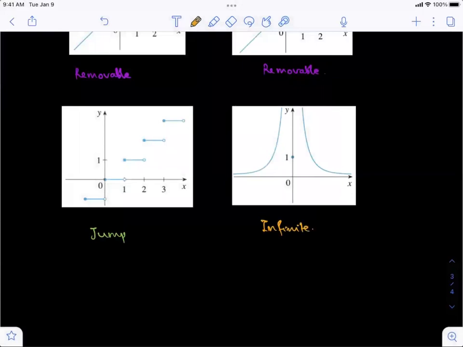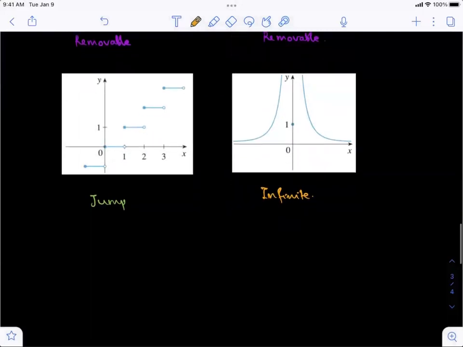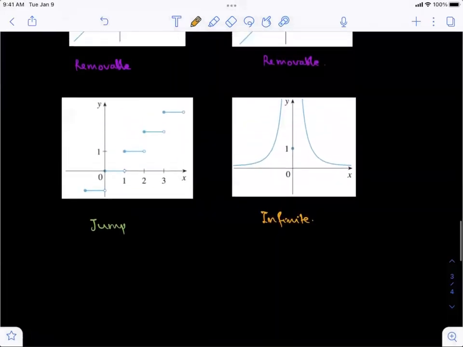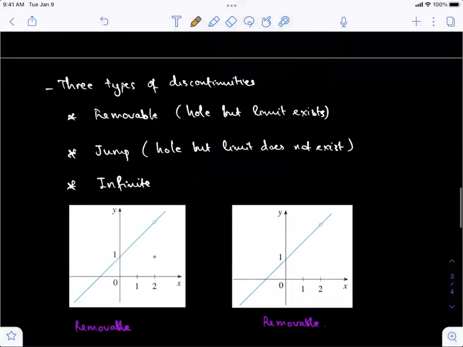So we start with continuous functions and we move on to limit at infinity. Let me quickly point out that when you classify a discontinuity as infinite, you can identify a vertical asymptote from this analysis.